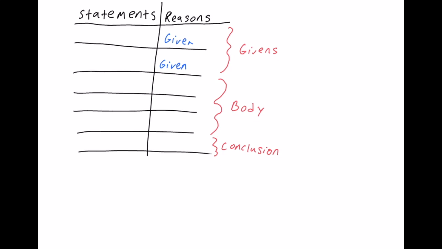So in this case your end statement will probably look something like BD is parallel to AC. And then your reason will probably be corresponding angles. Something to that effect. It'll probably be one of the theorems that we just learned about in the last few classes.